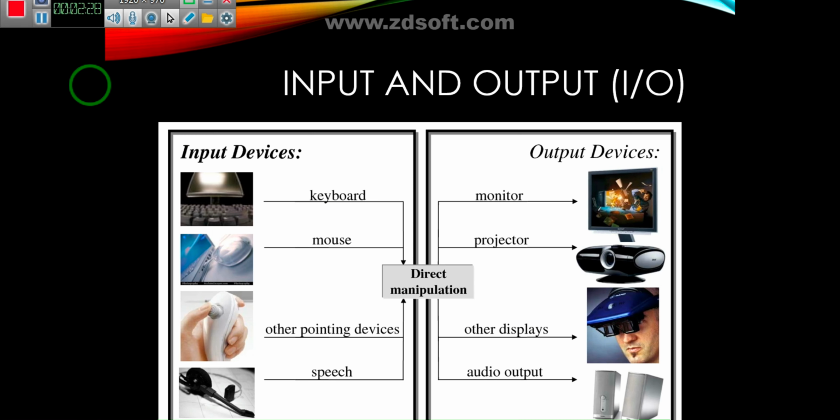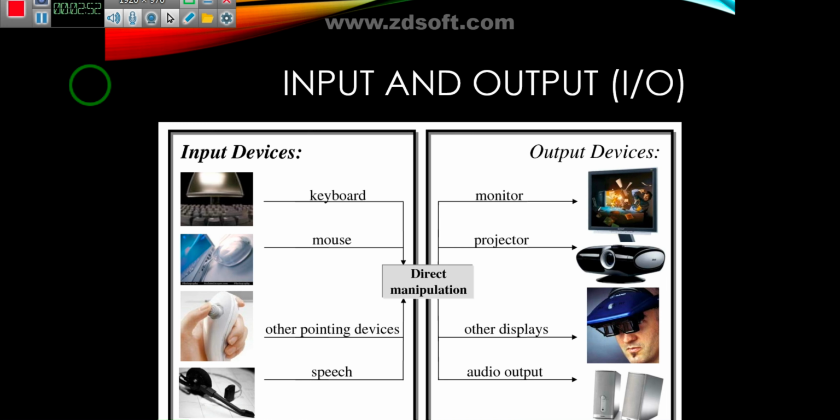Just like I said, we have two different things, input and output, but they still have the same functions on the microcontroller. In the input device, as examples, we get the keyboard, mouse, portable device, and a VR player.